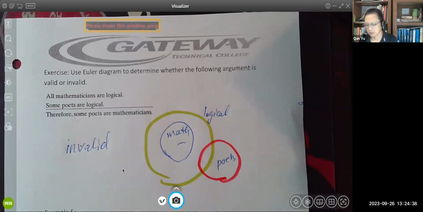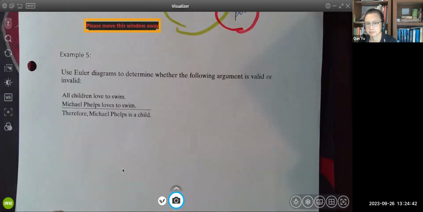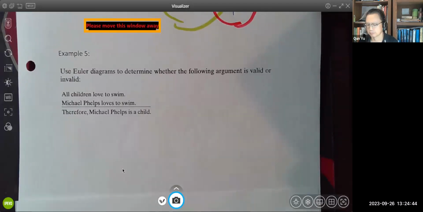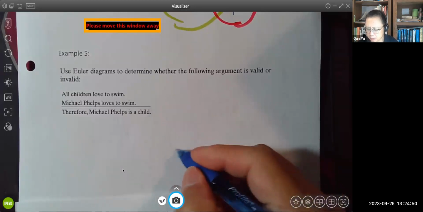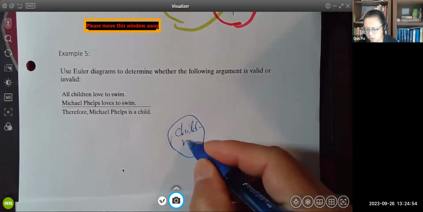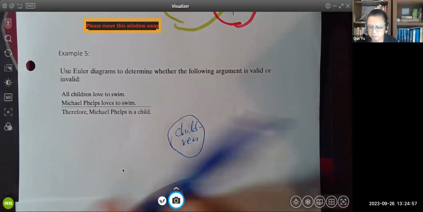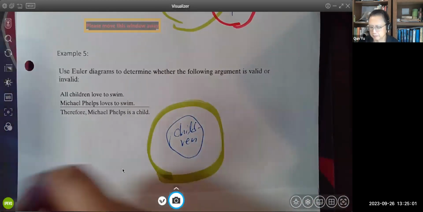And the last one for this video. All children love to swim. So it's the A are B model. These are our children circle. And love to swim, those people who love to swim, the green one.